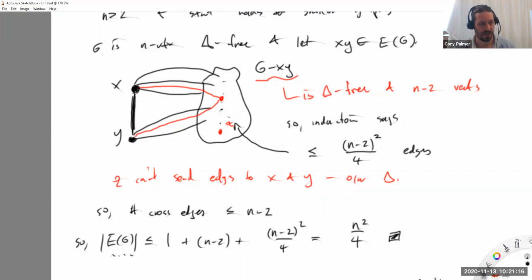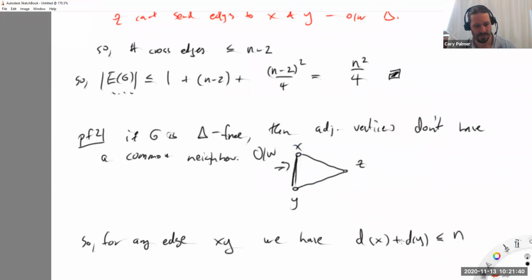But this edge should be counted by the degrees, right? Degree of x, this edge is contributed, and degree of y, this edge is contributed. So the sum of their degrees is at most n, right? 1 plus 1 plus at most n minus 2 going across there. You get 1 from each of these, and then at most n minus 2 going across there.